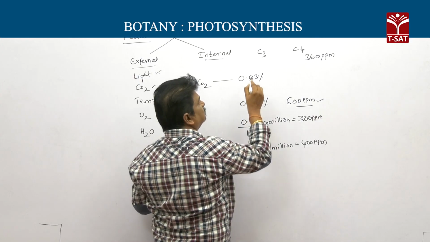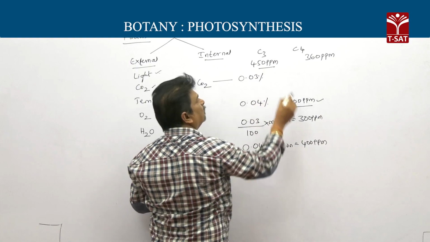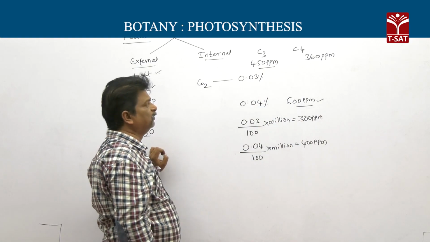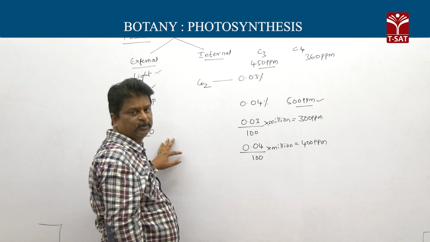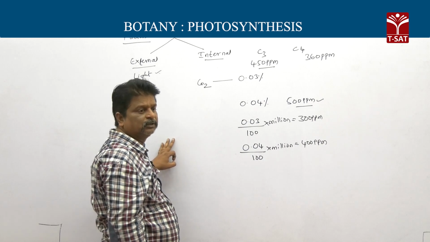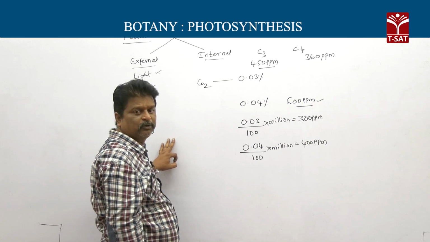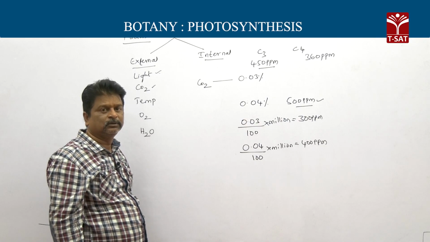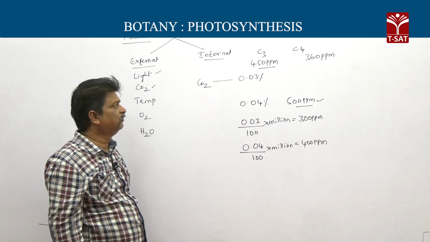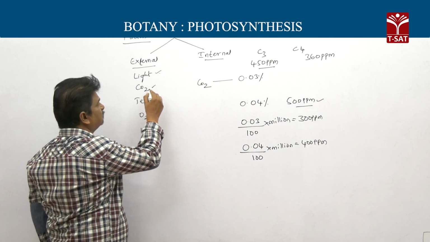C3 plants are saturated at 450 ppm. So, compared to C4, C3 plants saturate at 450 ppm. That is why some C3 plants like pepper and tomato are grown under high carbon dioxide concentration for more productivity. This is carbon dioxide.